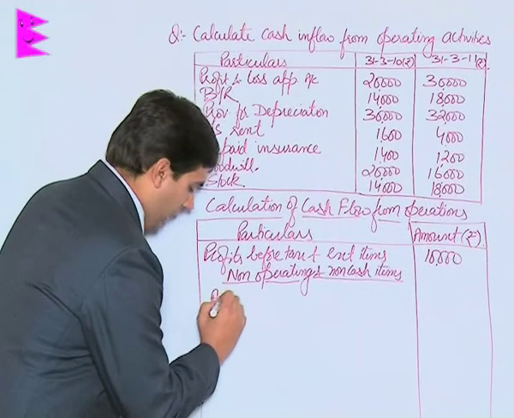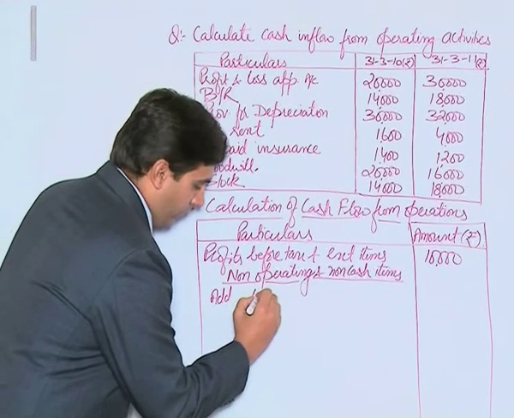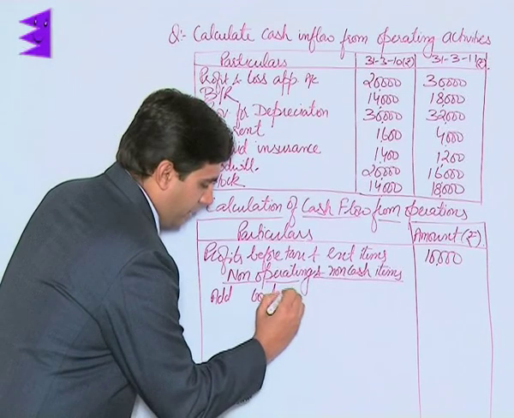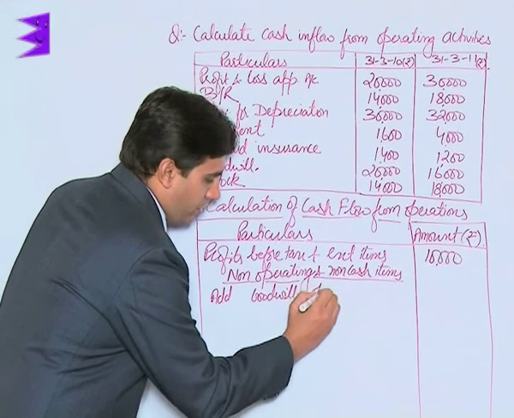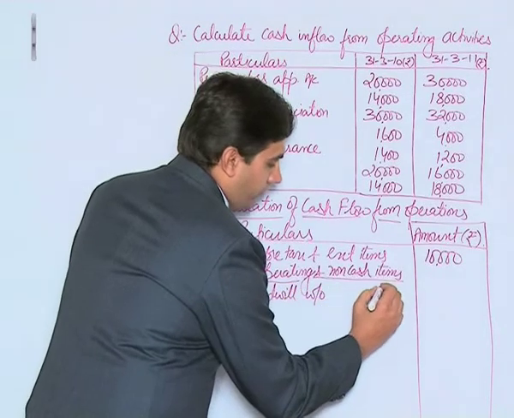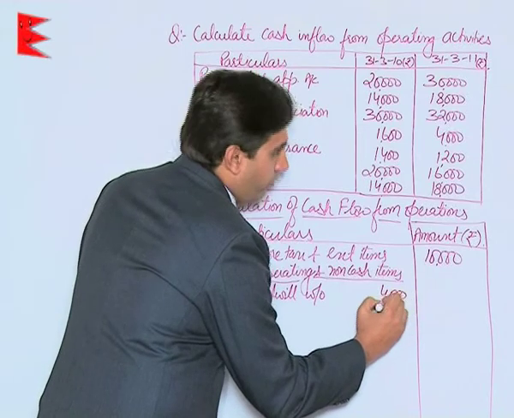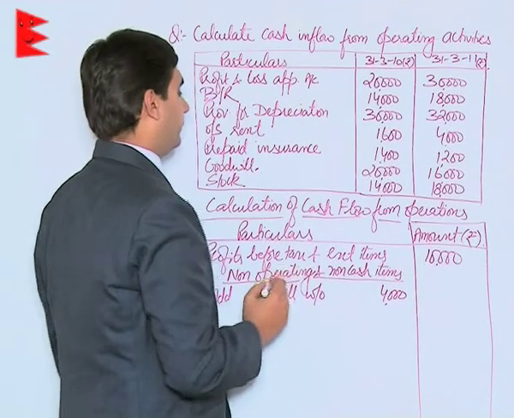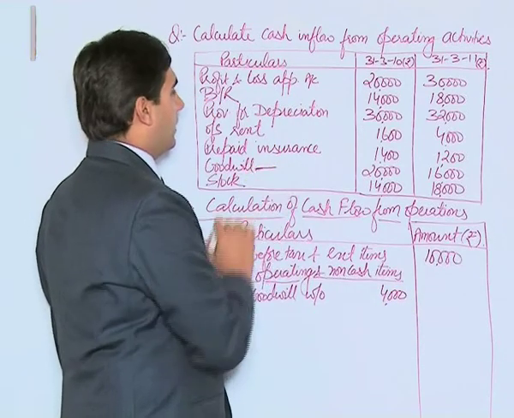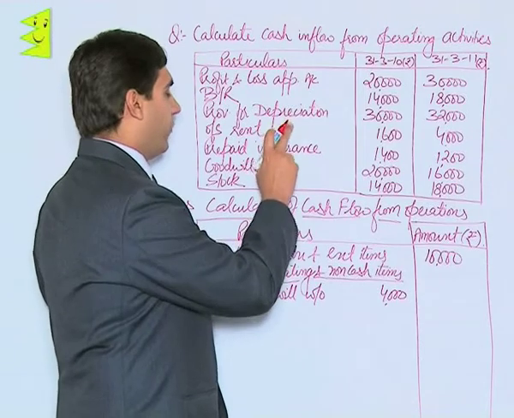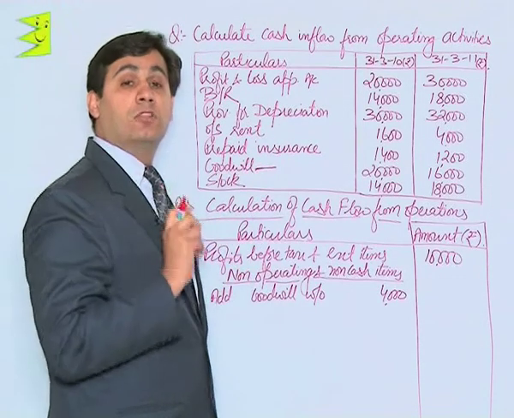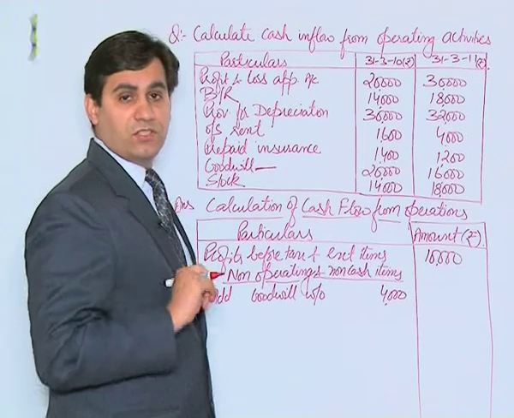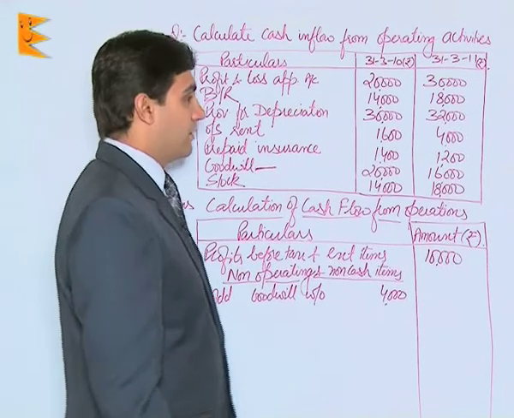So in add column we will write goodwill written off 4,000. Then we have provision for depreciation, which is a non-cash expense. Depreciation is a non-cash expense.